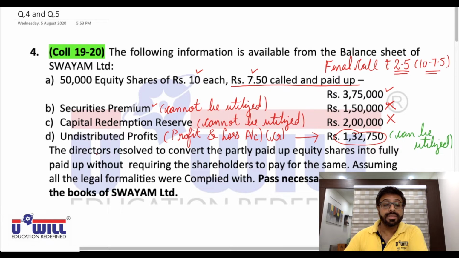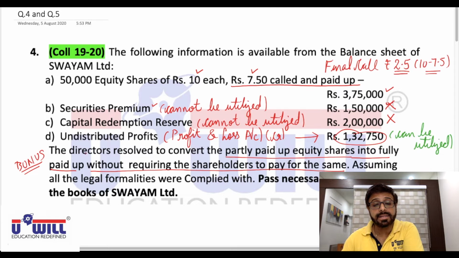Okay. The directors resolve to convert the partly paid up equity shares into fully paid up without requiring the shareholders to pay for the same. That means bonus. The directors resolved to convert partly paid up equity shares into fully paid up. Means this partly paid 7.5, they will convert into fully paid up 10.